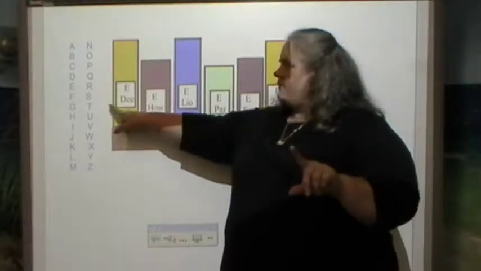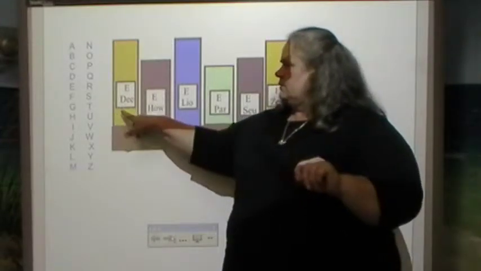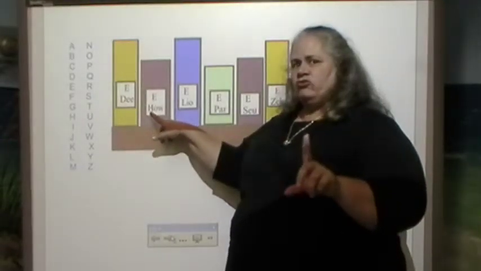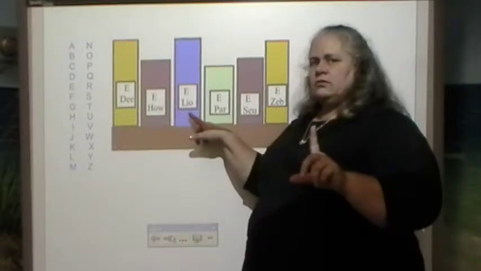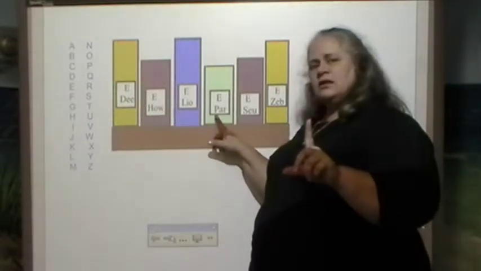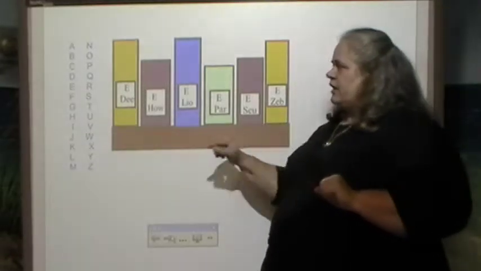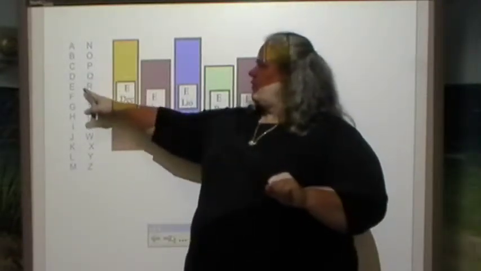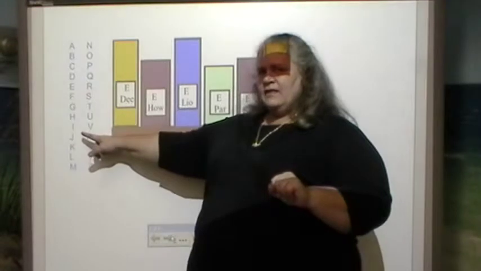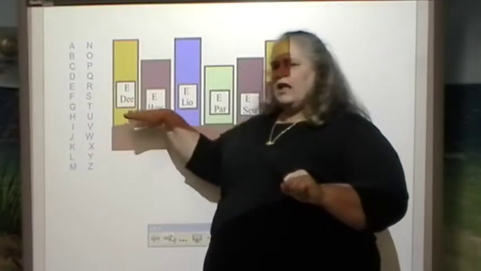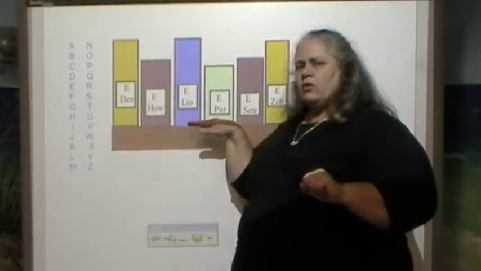And so we have a D, then an H, then an L, then a P, then an S, and a Z. And if we look at our alphabet and find those letters, same letters in the alphabet, we notice that we do have these books in alphabetical order.